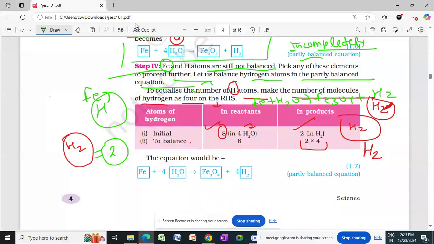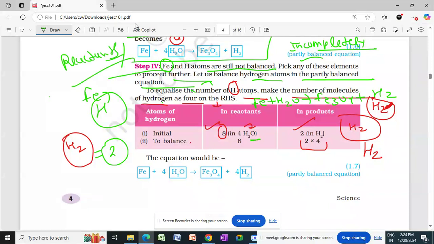So here we can see that to equalize the number of hydrogen atoms, make the number of molecules of hydrogen as 4 on the right hand side. So here what I told you, how many hydrogen are there in the reactant side or the left hand side?